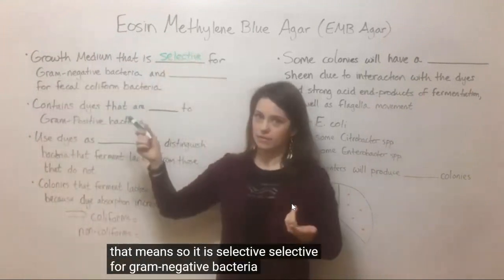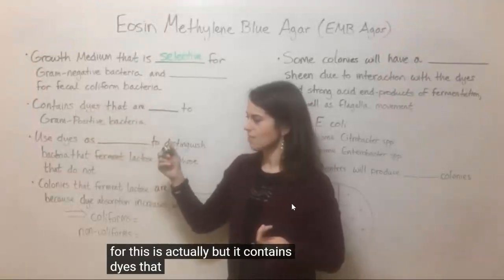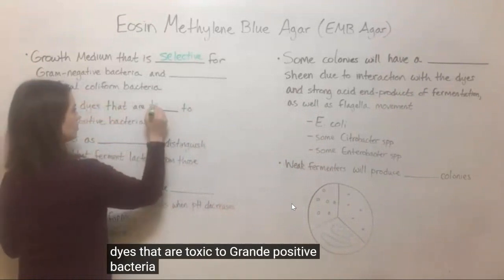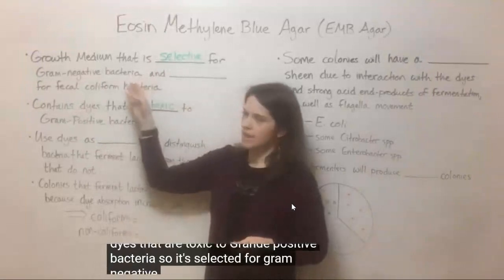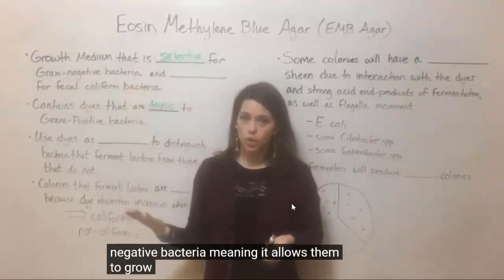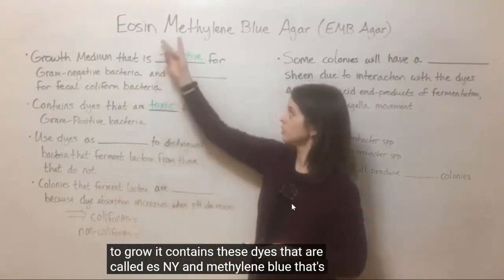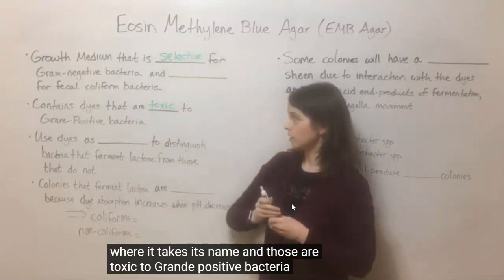It is selective for gram-negative bacteria. The reason for this is that it contains dyes that are toxic to gram-positive bacteria. So it selects for gram-negative bacteria, meaning it allows them to grow. It contains these dyes, called eosin Y and methylene blue, that are toxic to gram-positive bacteria.